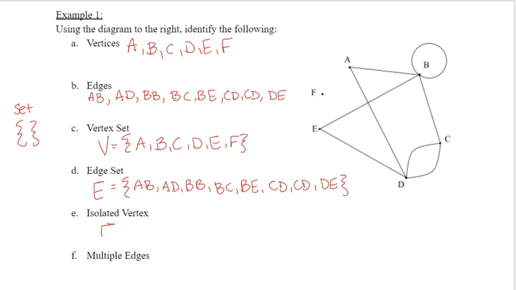That is vertex F. We call this an isolated vertex because it has no edges. Then the other thing we can look at is a multiple edge, which would be edge CD. We have multiple edges that connect vertex C to vertex D.